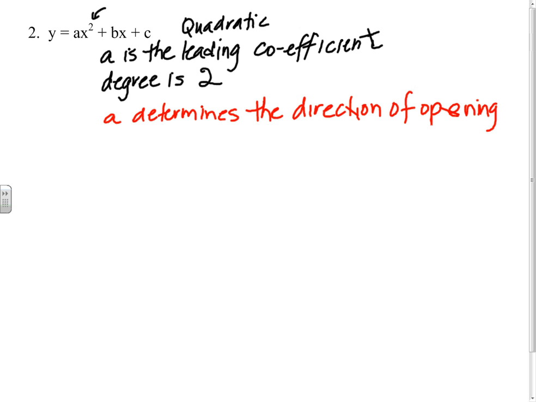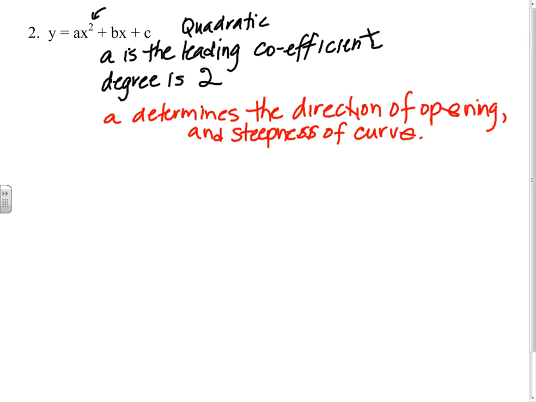So if A is positive, it opens upward, and it also determines the steepness of the curve. All right.